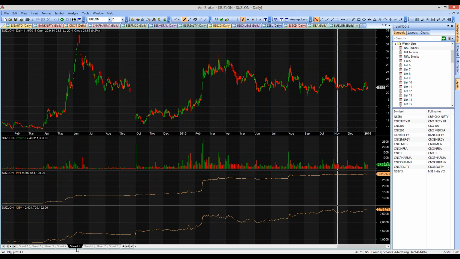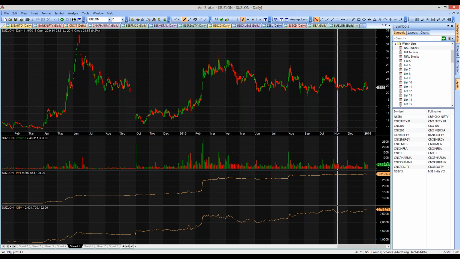Sheet 5 is so we have usually never done volume studies. We've never done volume studies and all of that. So the point of this session is to add volume studies, and this is just price, volume, and PVT and OBV.